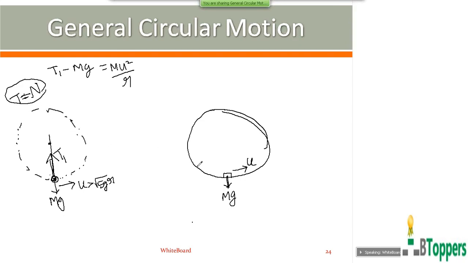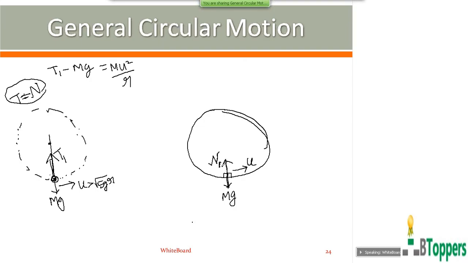Only difference, in place of tension you find normal reaction. As I discussed earlier in Newton's laws, when a block is placed in contact with a smooth surface, the normal reaction force on the block by the surface in contact acts perpendicular to the surface in contact and directed away from the surface in contact.